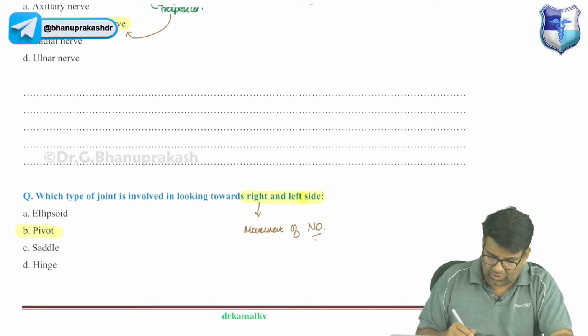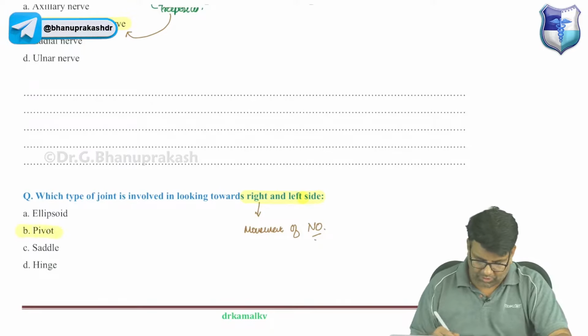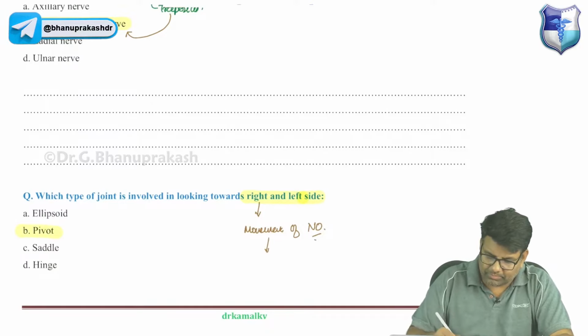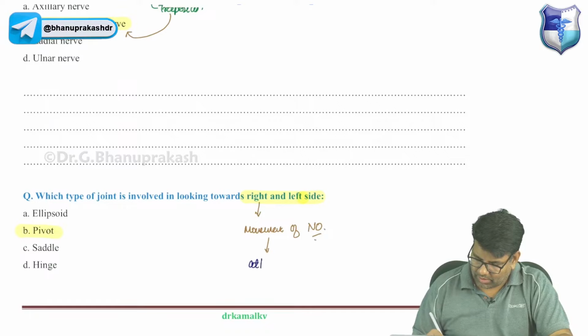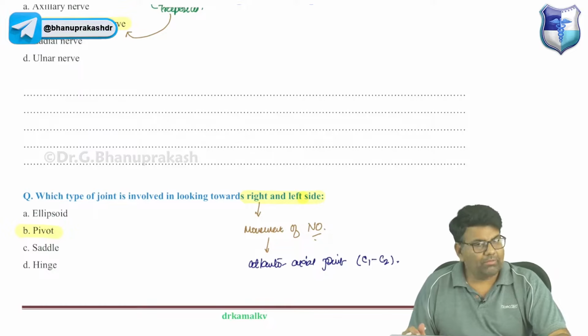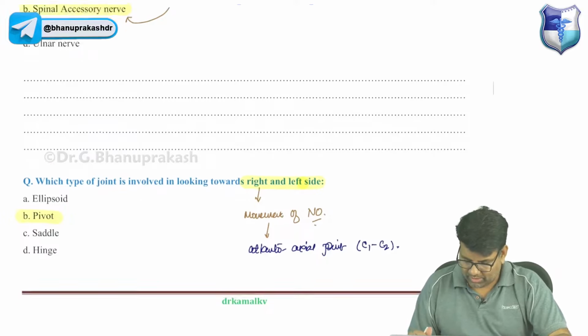It is a pivot joint, and which joint actually is this? Right? It's a pivot kind of joint and movement of no.